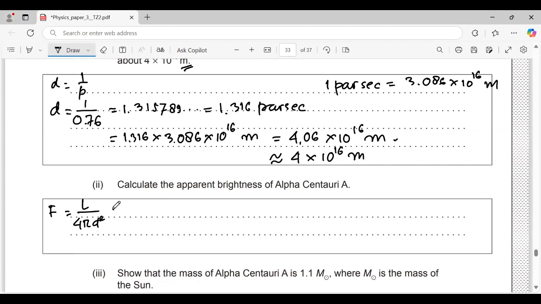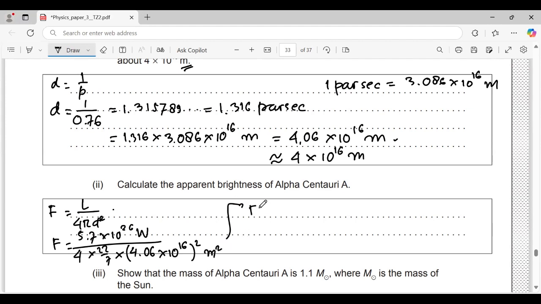So we can calculate: F equals 5.7 times 10 power 26 watts over 4 times pi, where pi is 22 over 7, times d squared, which is 4.06 times 10 power 16, squared. So the unit m becomes squared as well.